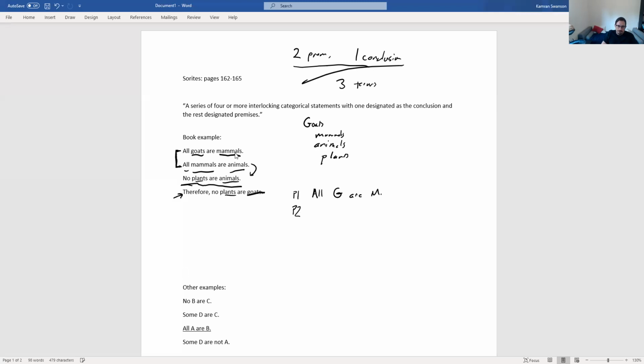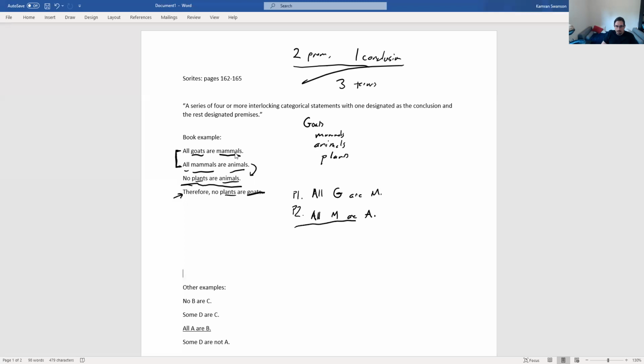Maybe it'll make sense, maybe it won't, but for now it seems like a good starting place. We'll try it, and if it doesn't work, we'll try something else. Then the second premise would be all M are A.